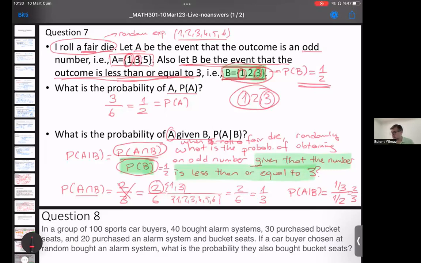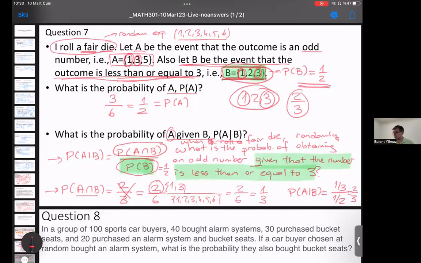So I'm going to say 2 out of 3 will be odd numbers, given that the outcome is less than or equal to 3. I can do it without formulation, but I want you to get used to using this formulation in solving questions. But in your mind, you can easily solve such questions like that.